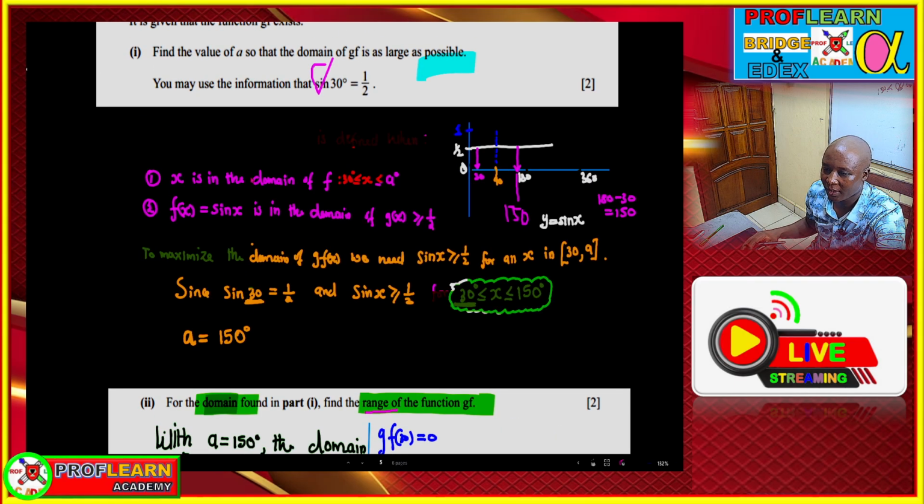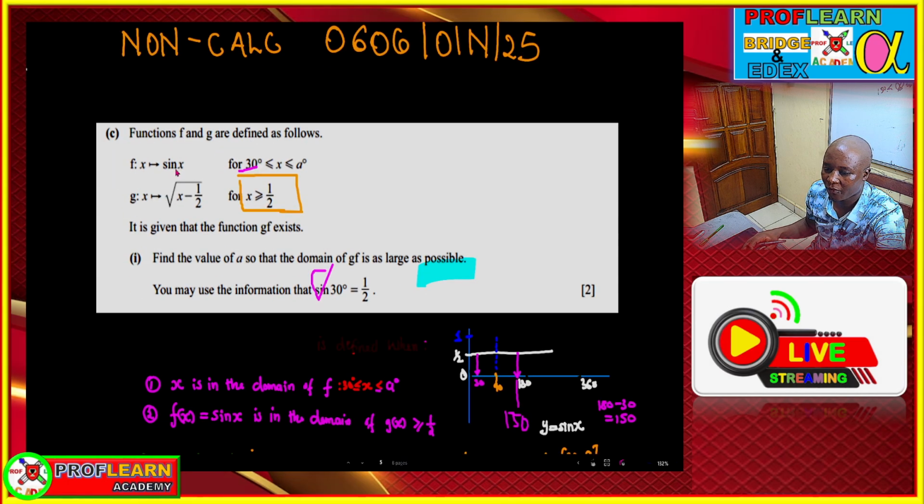So if you look at the function the way it was, g of x is root of x minus 1 over 2.